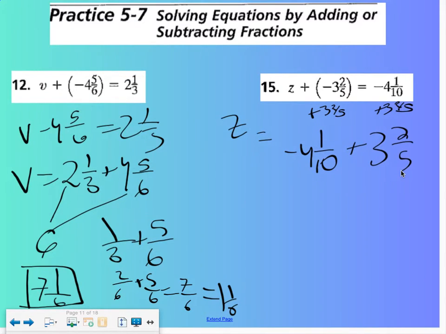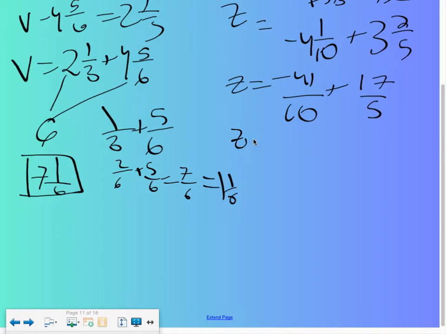I'm going to show the improper first because I think that way is more straightforward. z equals negative 41 over 10 plus 17 over 5. So z equals negative 41 over 10 plus 34 over 10 equals negative 7 over 10.